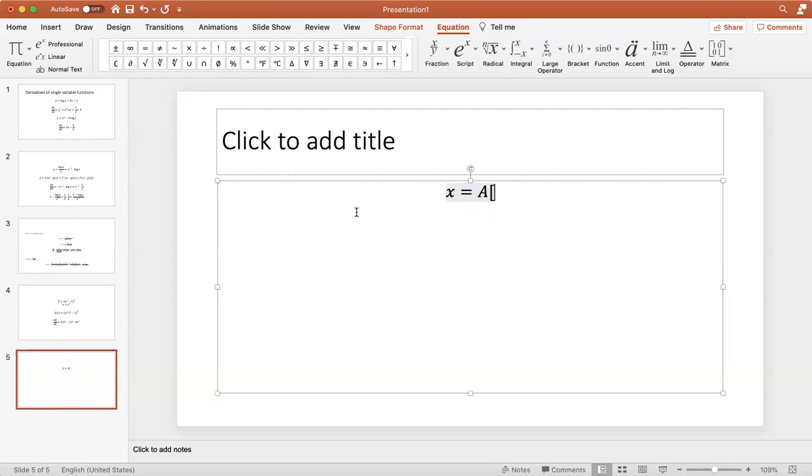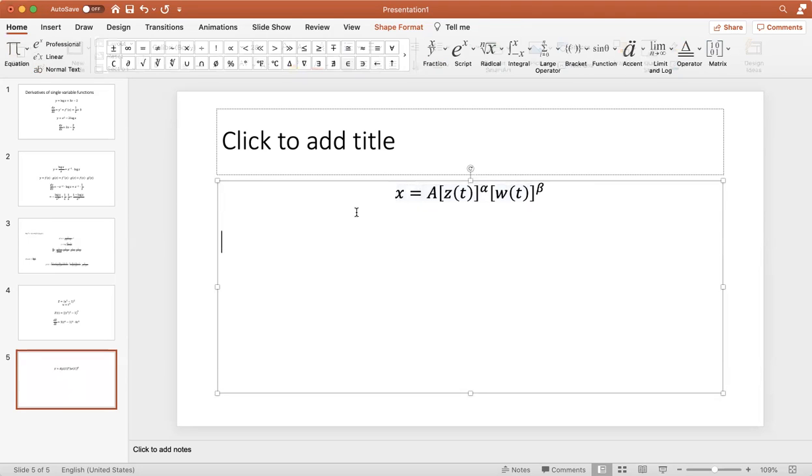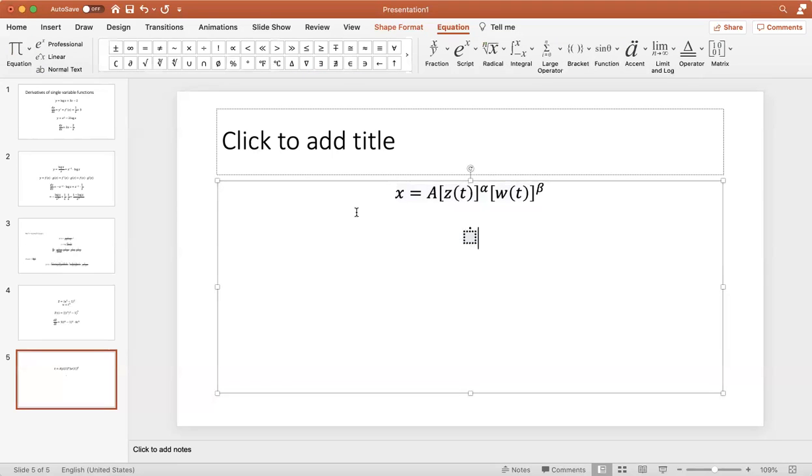Let's denote this as z(t) raised to alpha, and another function here, let's denote this as w(t), raised to beta.